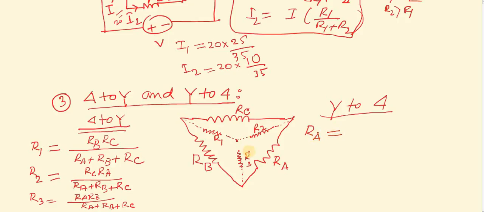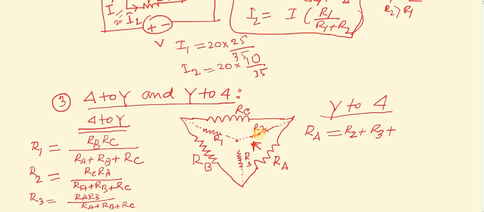So first try to find out RA. Now see, we are going to find RA. Now you look from here, in front of RA. What are you seeing? You are seeing these two adjacent, R3 and R2. So you just write down the sum of these two, R2 plus R3.